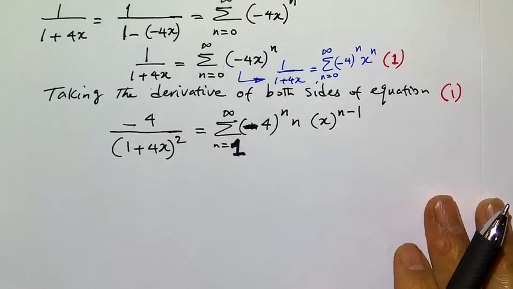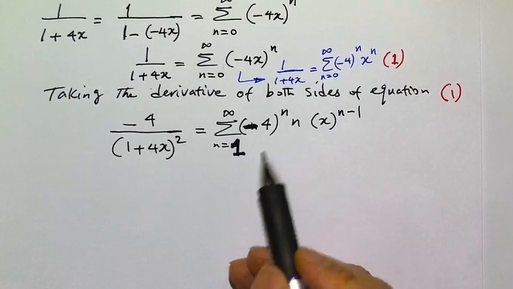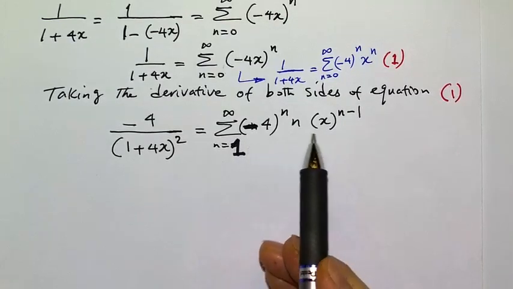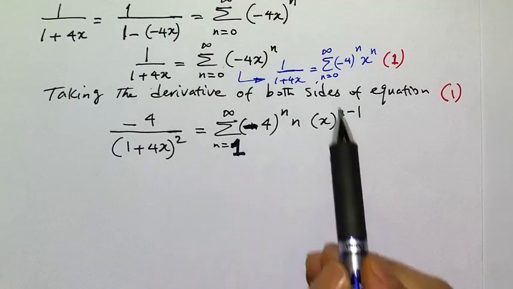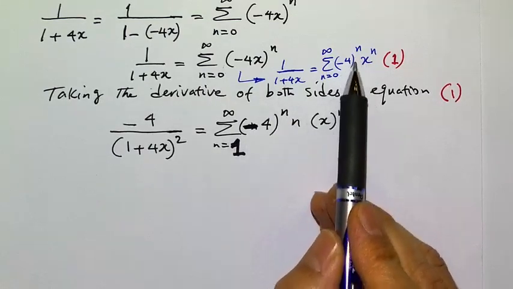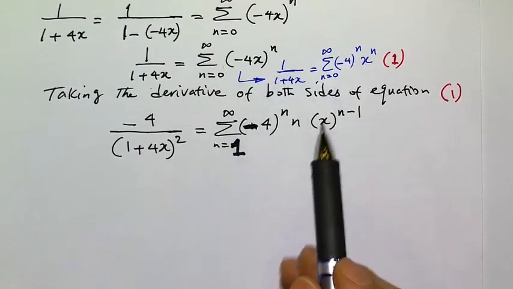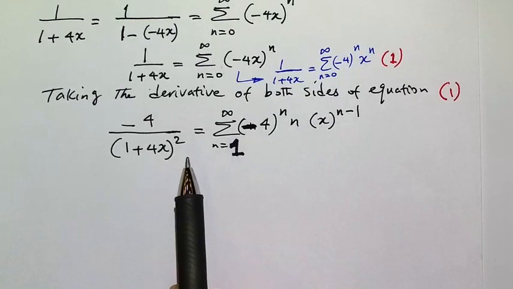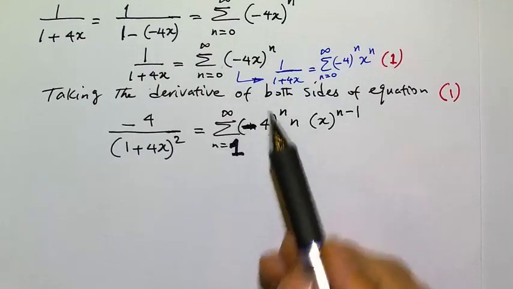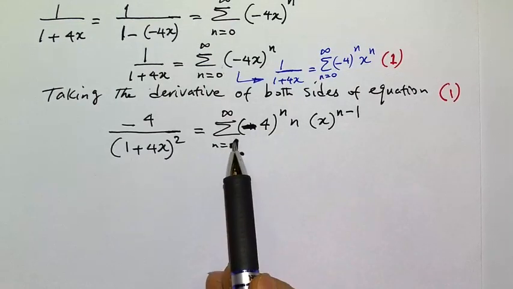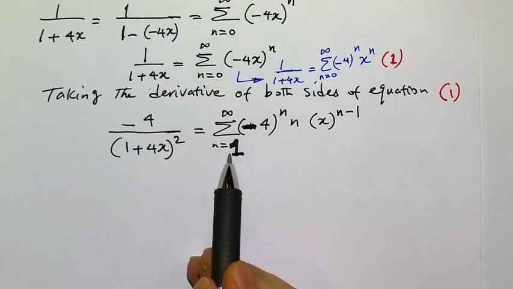All right. So now we have minus 4 to the n, and now we can go back to the original.